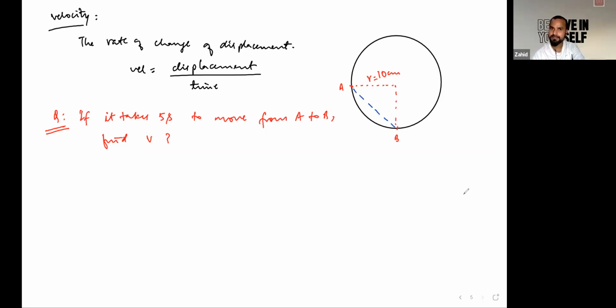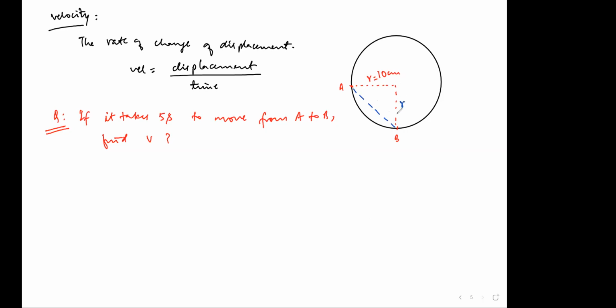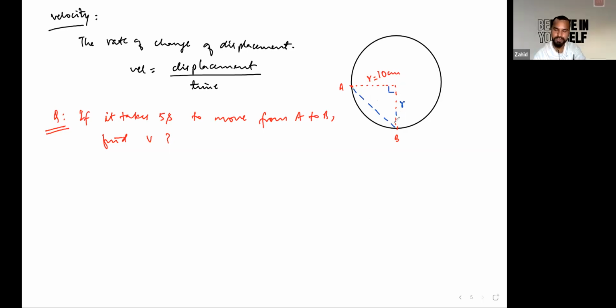Is it clear? Yes, sir. So in this triangle, you would have this as radius and this as radius, and both are perpendicular to each other. So using Pythagoras theorem, you will solve for this AB. AB would be equal to root under base square plus perpendicular square.